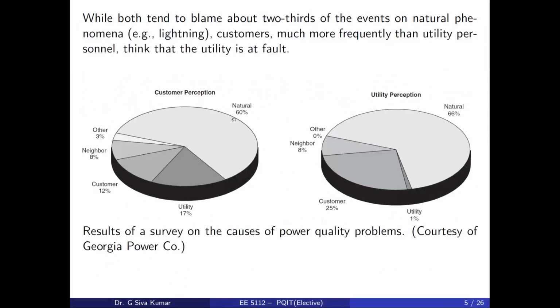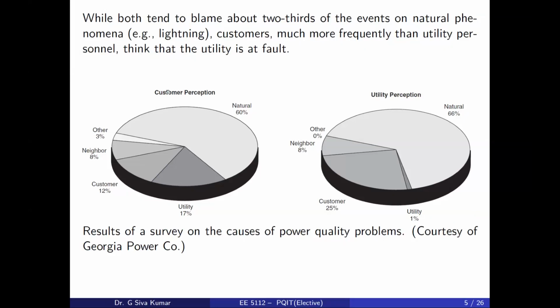Natural means maybe the rain creating thunderstorms, with which we will also have voltage surges. Even when you have floods, we will experience cables getting disconnected and shorting to the ground. That is also one of the issues.